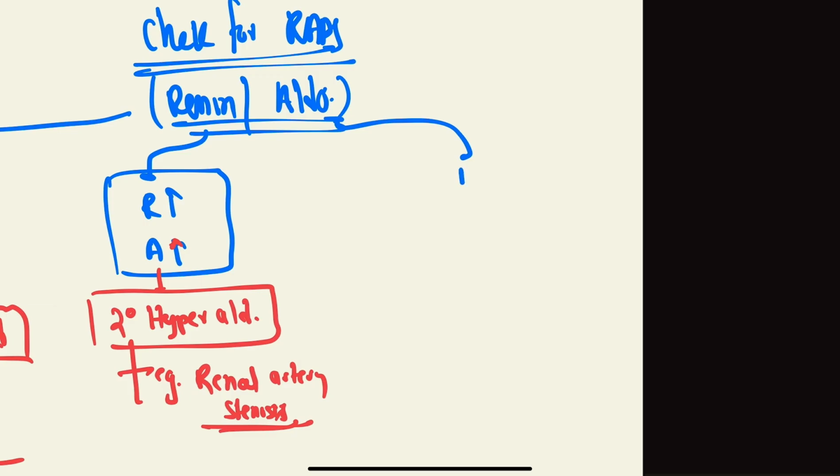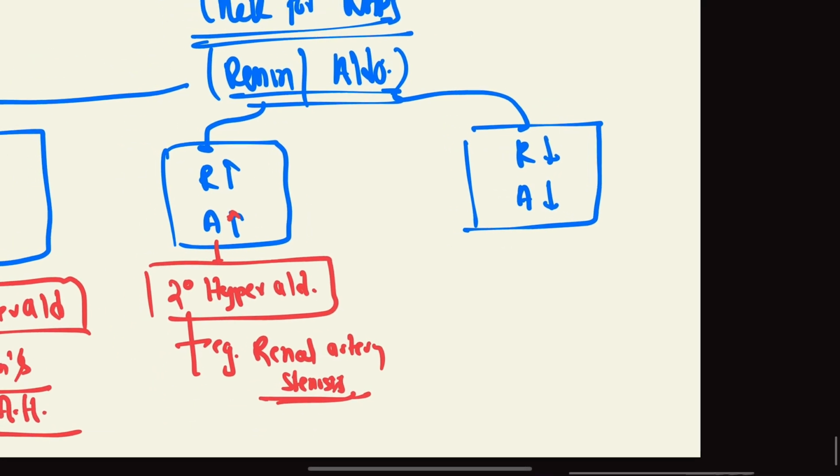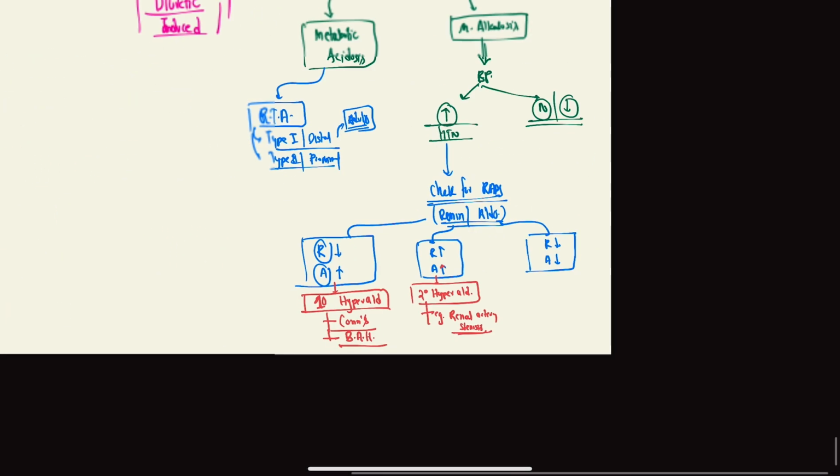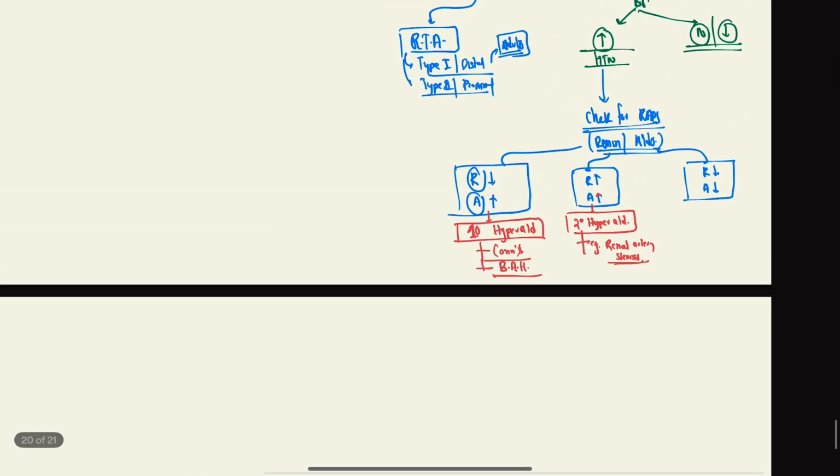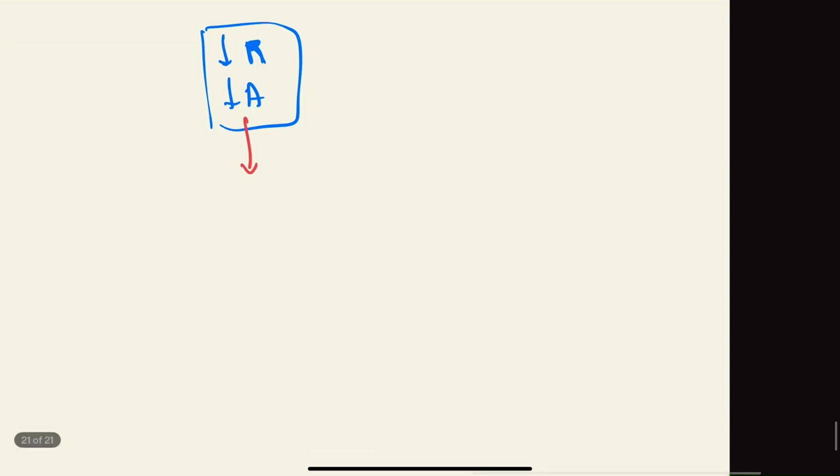If there is decreased renin and decreased aldosterone, then we check the cortisol level.